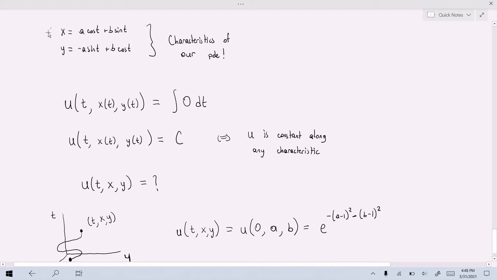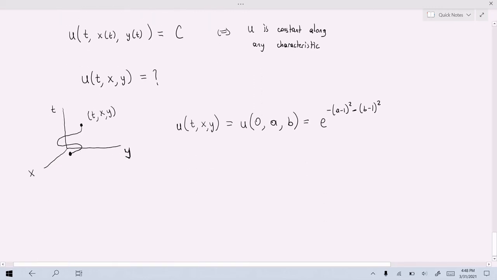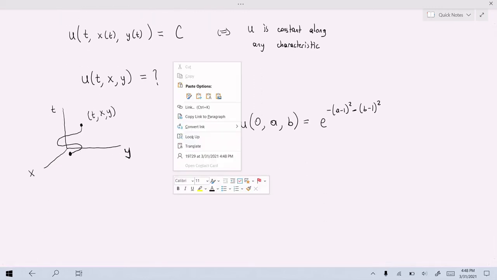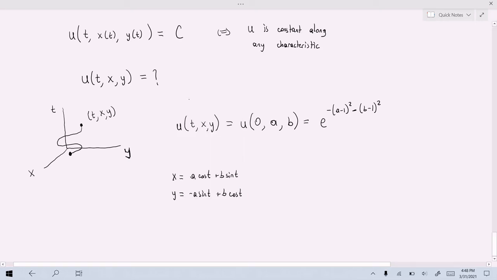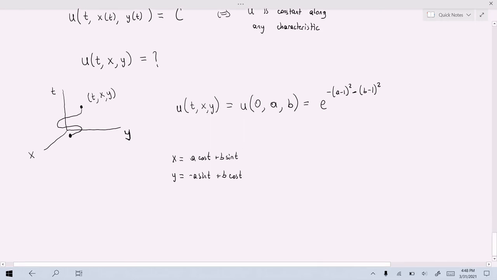So let's go to our characteristic equations up here. I think this time I'll actually copy it and paste it. Okay, so let's try to solve for a right now in this equation.